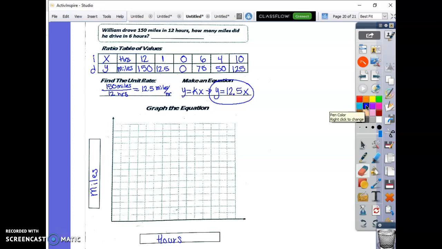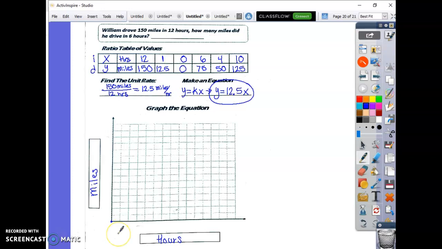So let's start with the smallest x value right over here, which is 0. So whenever your x is 0, your y is also 0. So let's plot that 0, 0. But before we go any further, let's go ahead and label our graph.